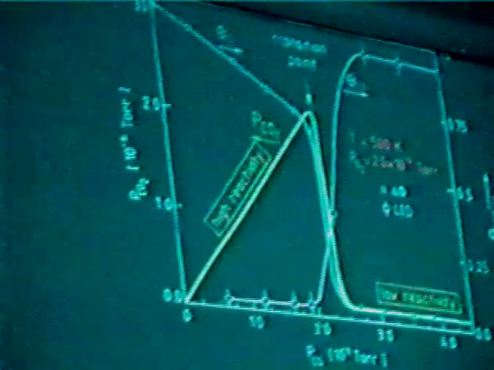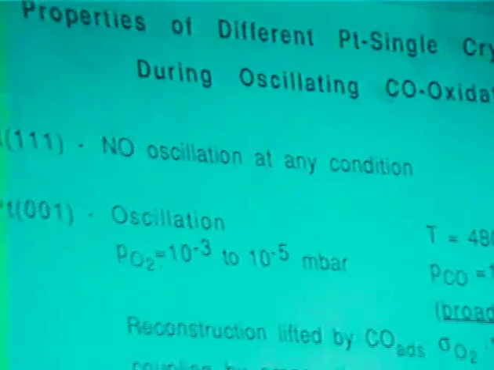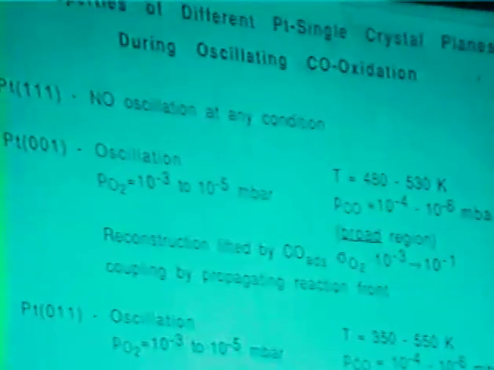Now, platinum is known to be very specific in oscillation reactions. Oscillations show platinum 111, again the surface with the highest work function.